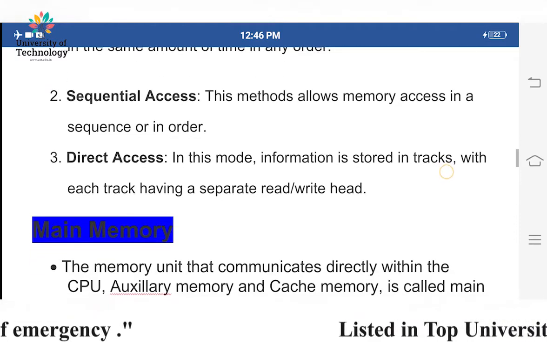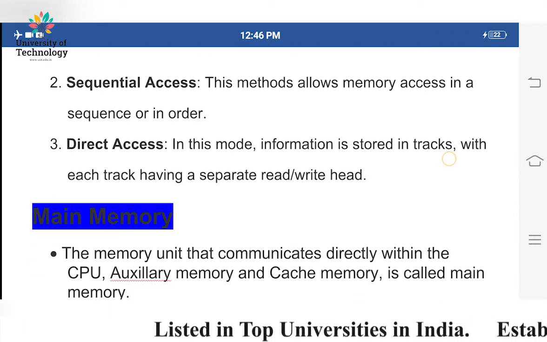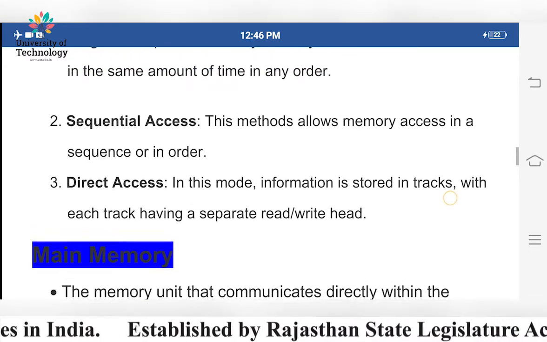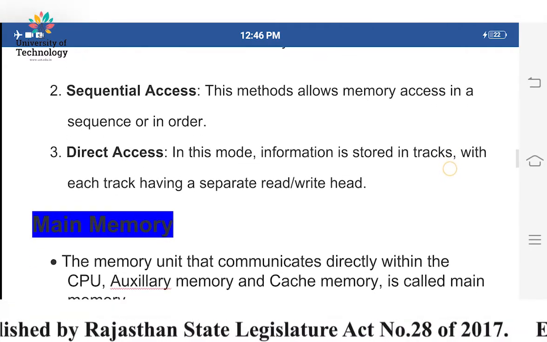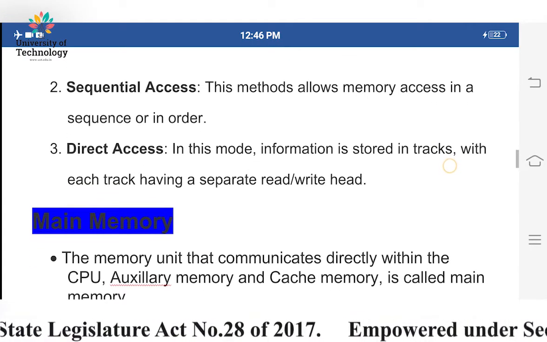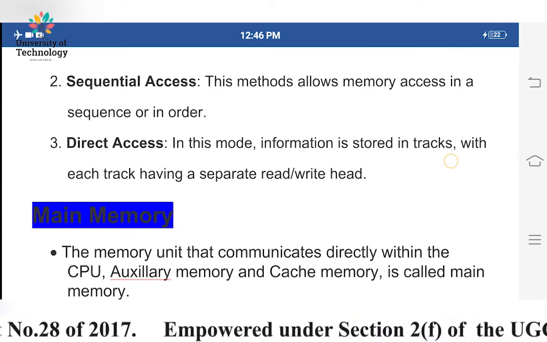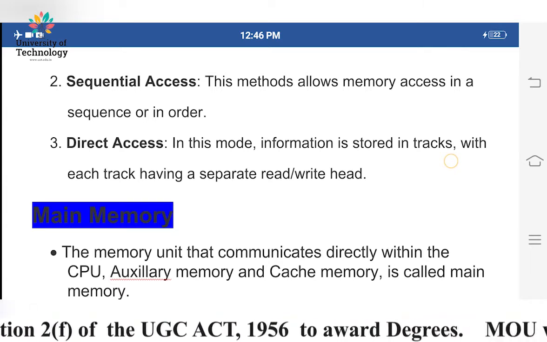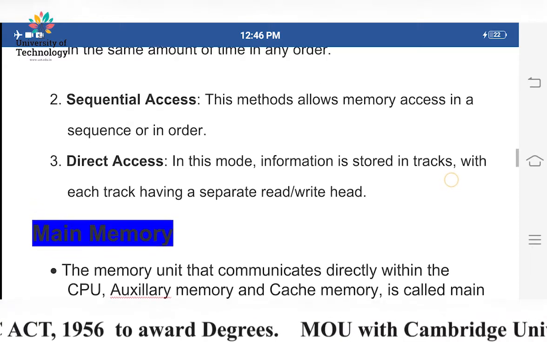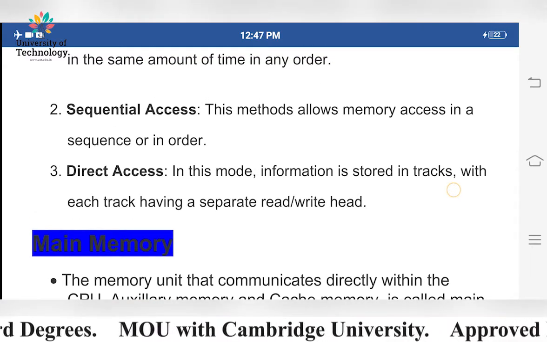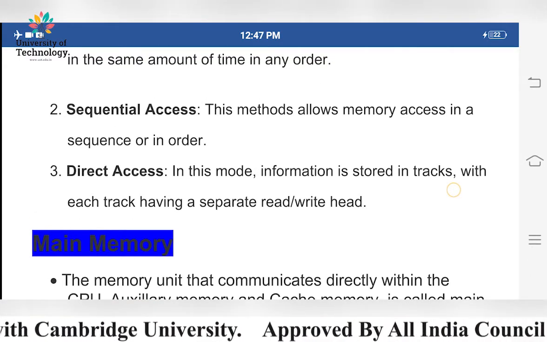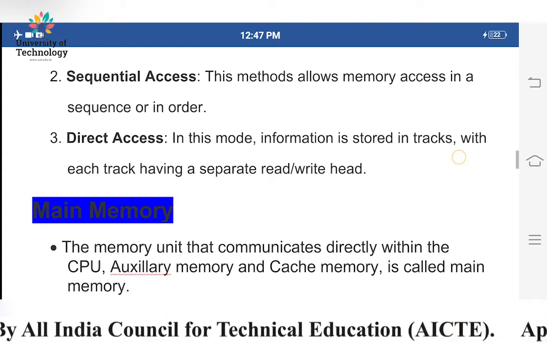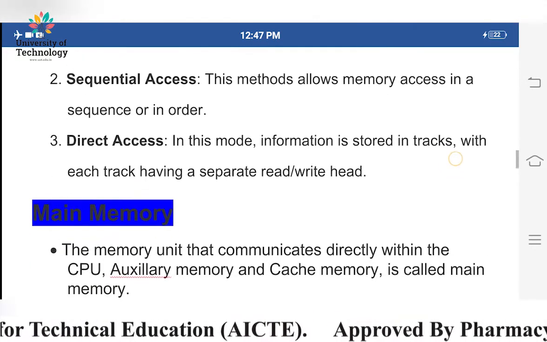If anything is in a certain order, we term it a sequence. So this method allows memory access in a sequence or in an order. If you access the memory in a particular fashion, in a particular order, then such access is called sequential access. Clear?